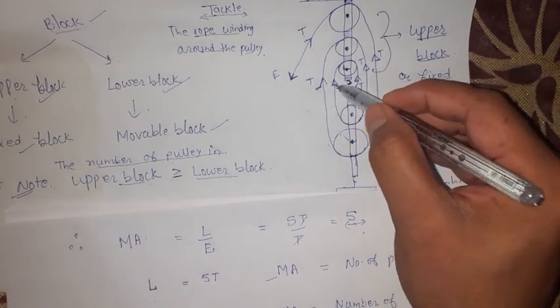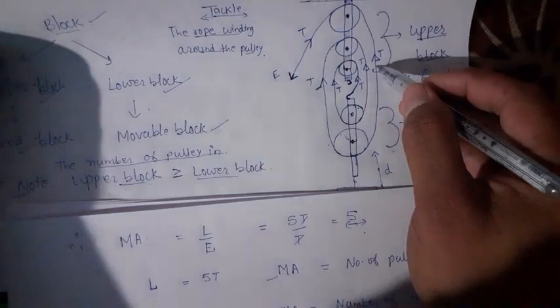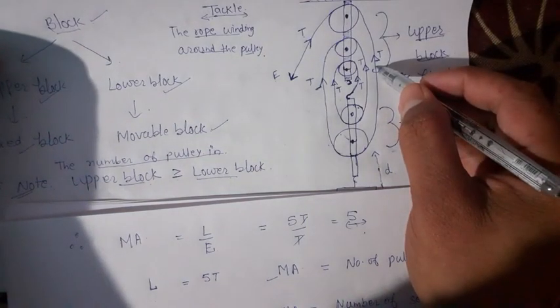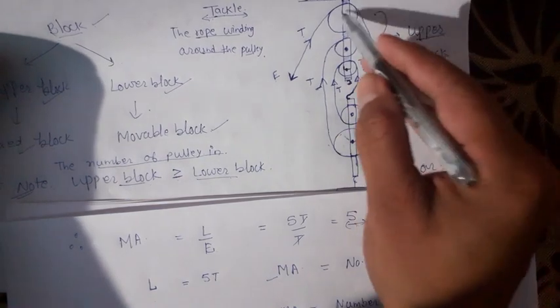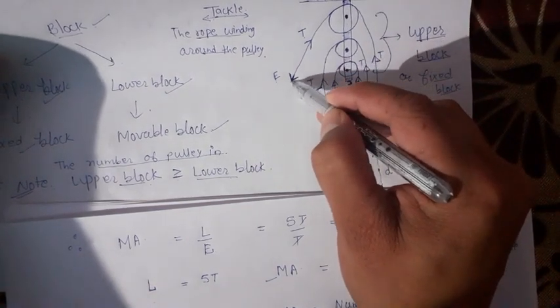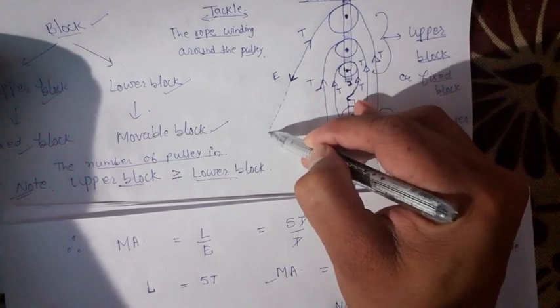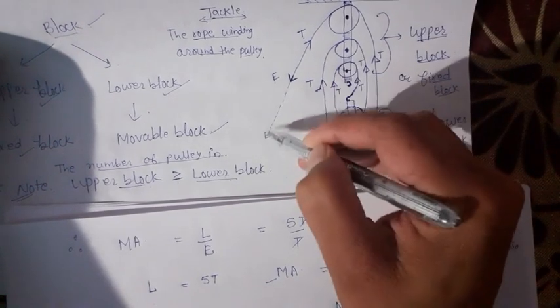Okay, so if every segment of the rope moves by d, then finally how much will the effort come down? How much is the displacement over here?